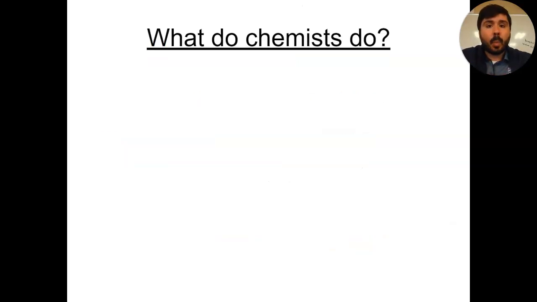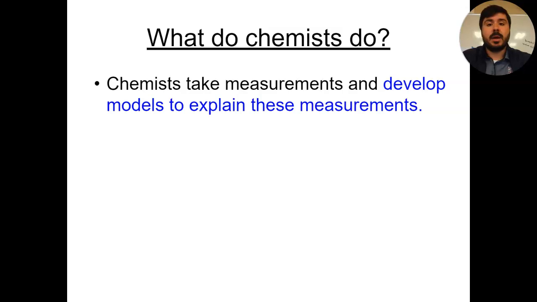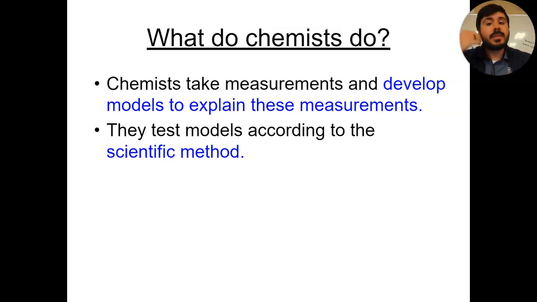Now, bringing it back a little bit, what do chemists do with all this information, right? What do they do with all these measurements and this data, the quantitative data, the qualitative data, all that good stuff? They take these measurements from the data they collect and develop models to explain what these measurements mean. And they test those models according to the scientific method. I'm sure you guys have all heard a lot about the scientific method.